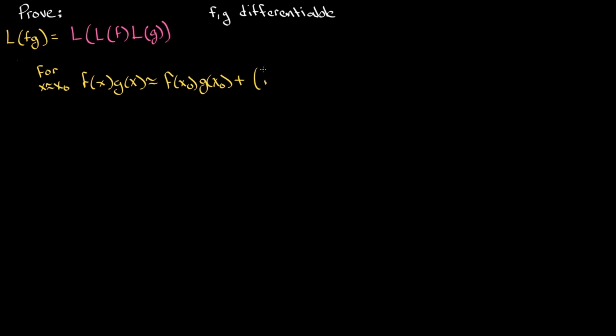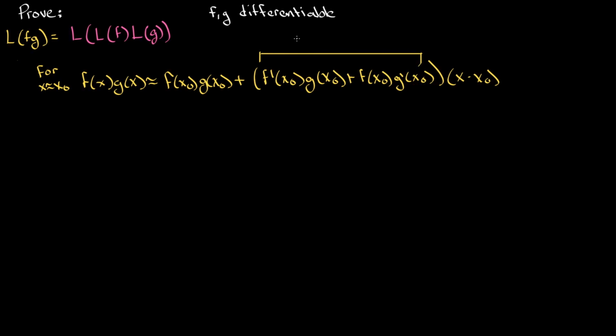So we have f prime of x naught times g of x naught plus f of x naught times g prime of x naught. And then all of this is multiplied by x minus x naught. This right here is just the derivative of f of x times g of x, evaluated at x naught. That's all this is.